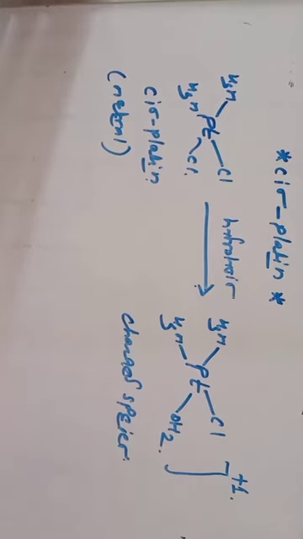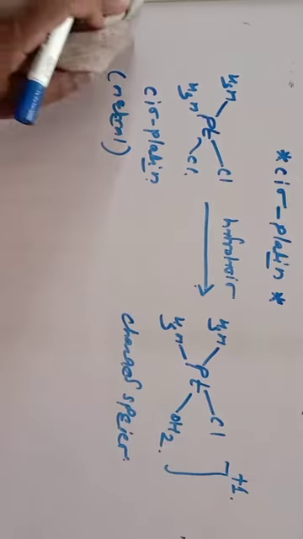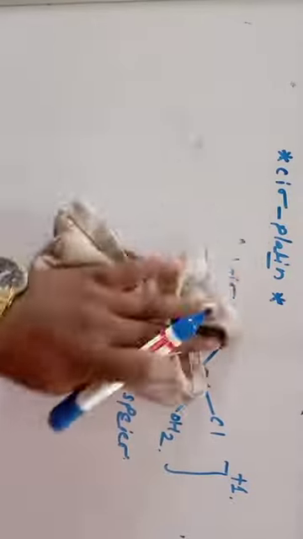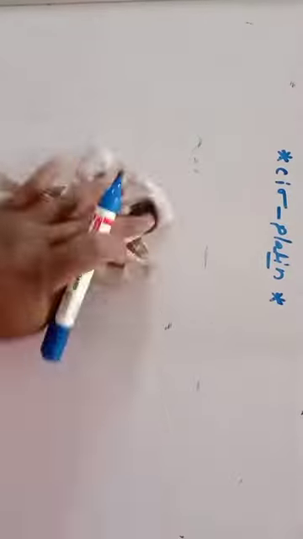Let us discuss what happens in the cell. A cell consists of different things. Considering the diagram, let us take this as the cell.